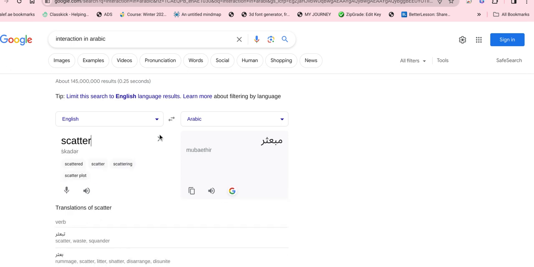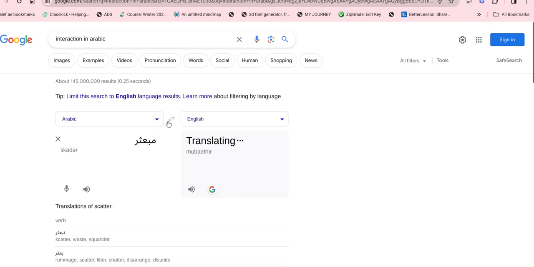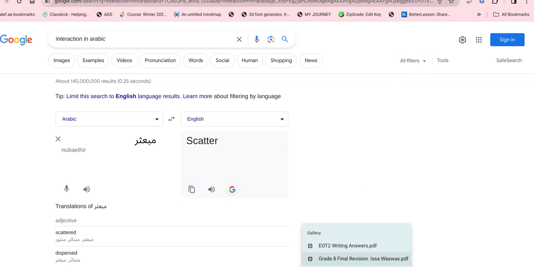Or let's just do scatter, or scattering. I'm not sure if those words have the same meaning. So scattering just means to spread out, kind of.